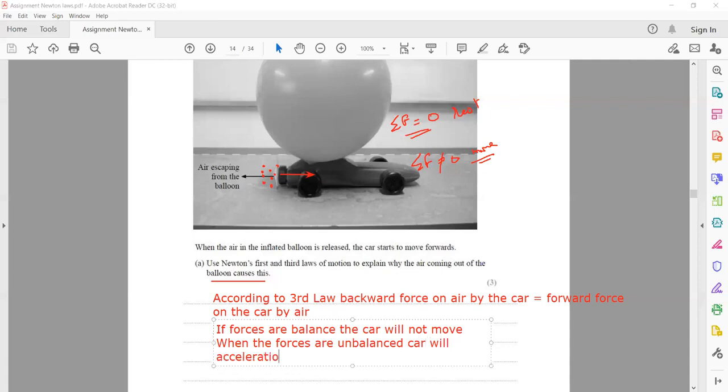So basically, as we already discussed yesterday, the second law and first law are interrelated.